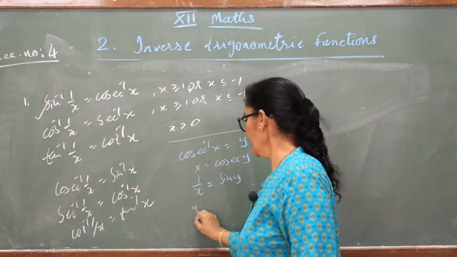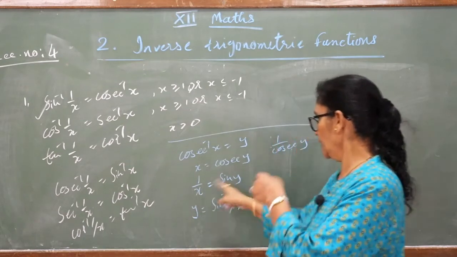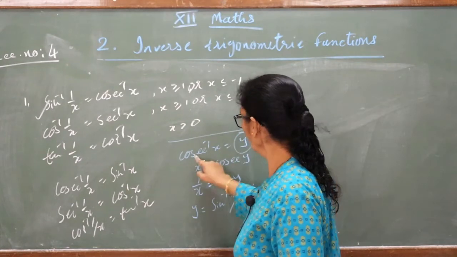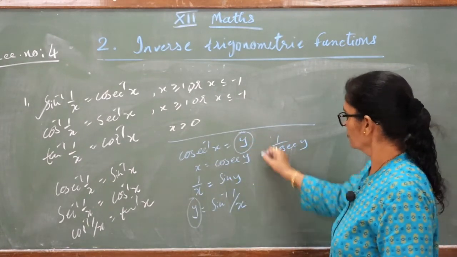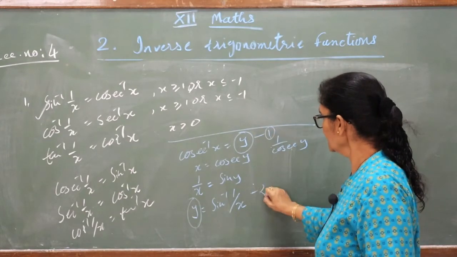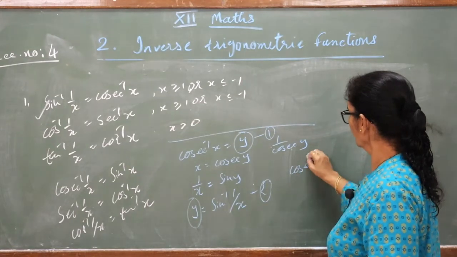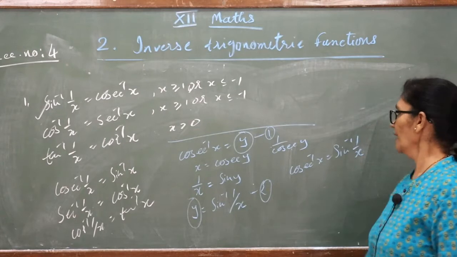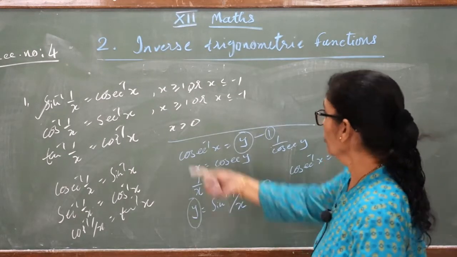So y equals sine inverse 1 by x, taking inverse on both sides. We took y equal to cosec inverse x and proved y equals sine inverse 1 by x. So cosec inverse x equals sine inverse 1 by x. The same way you can prove it with cos also.